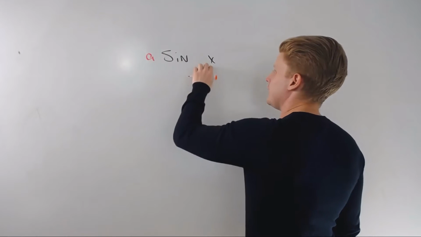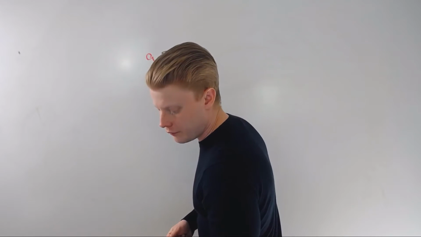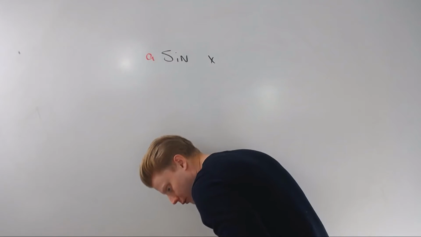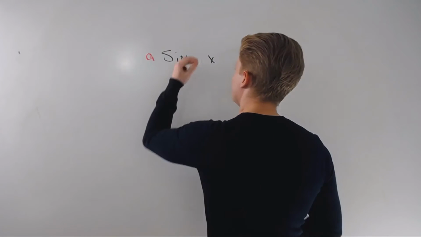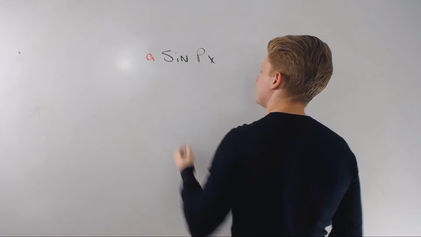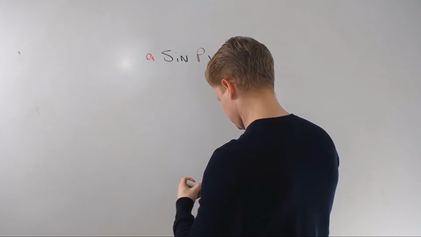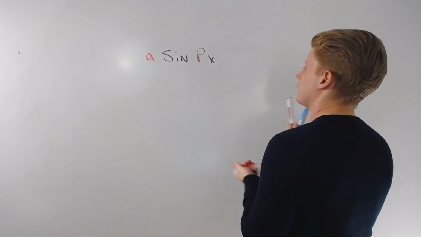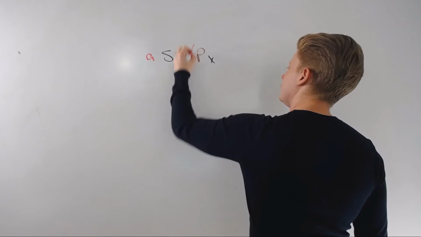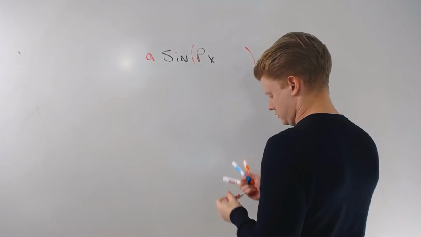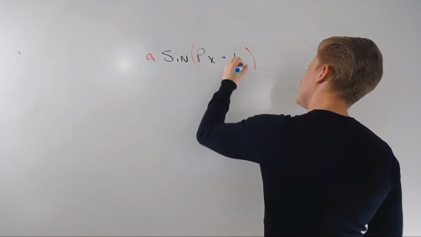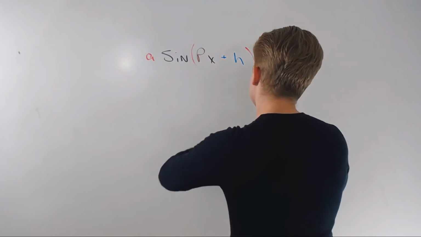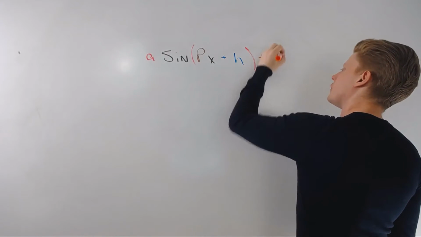When it's inside here, it will affect the period, how often things happen. If it's here, it'll be a horizontal shift. And if it's out here, it's a vertical shift.